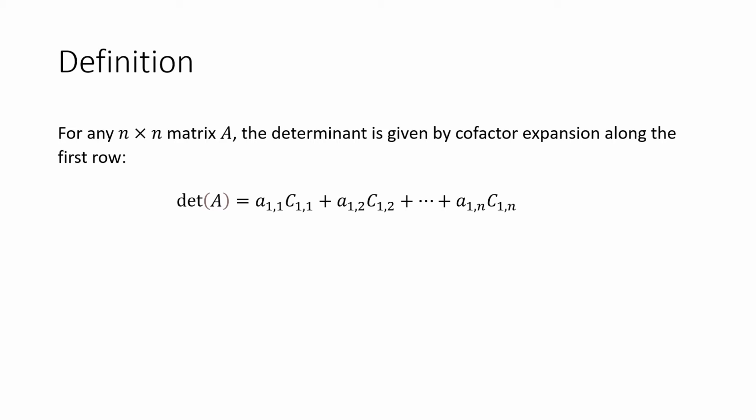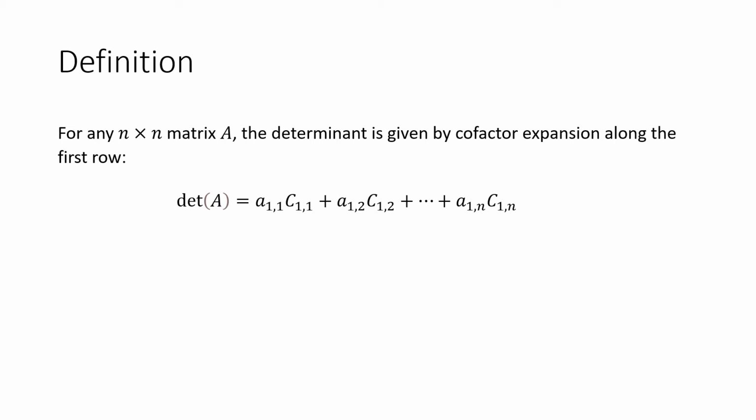Well, here's the answer, and it's using something called cofactor expansion. So what we do is we take an entire row, and we look at all the cofactors of that row, and then we do some calculations with them. And what we're going to get is the determinant of the bigger matrix.